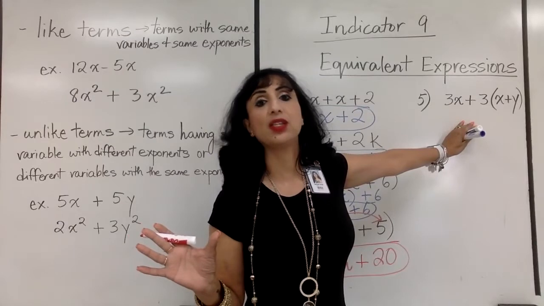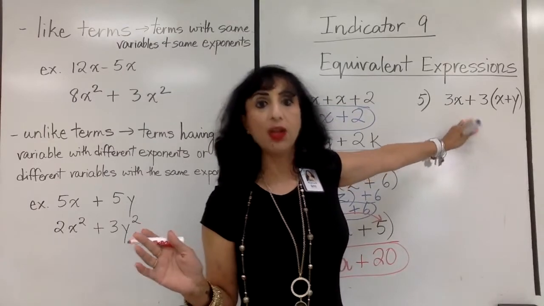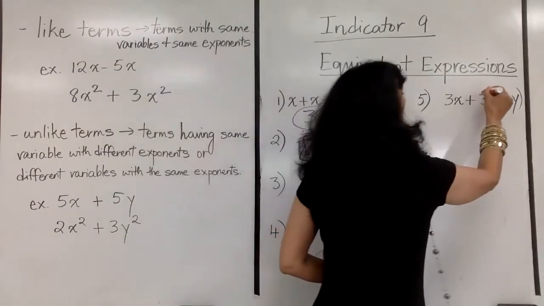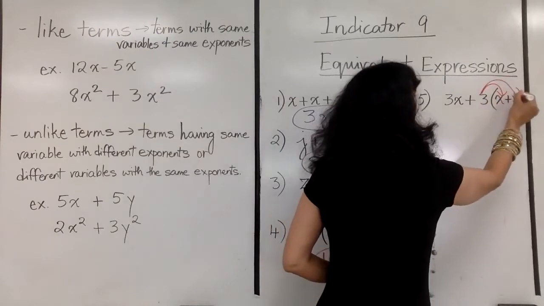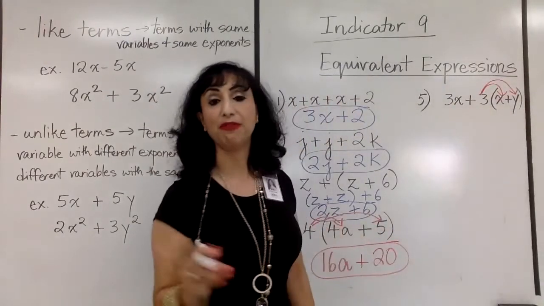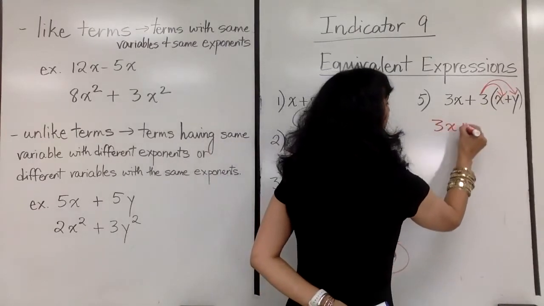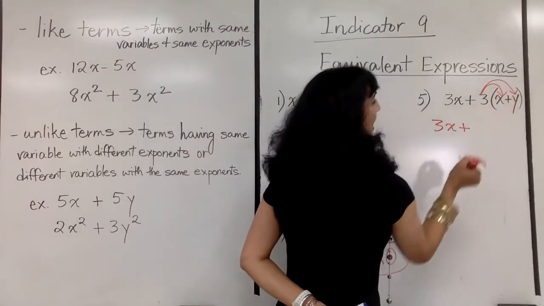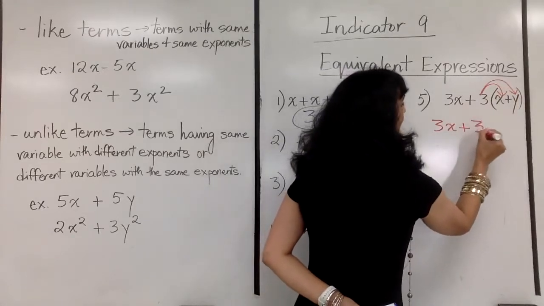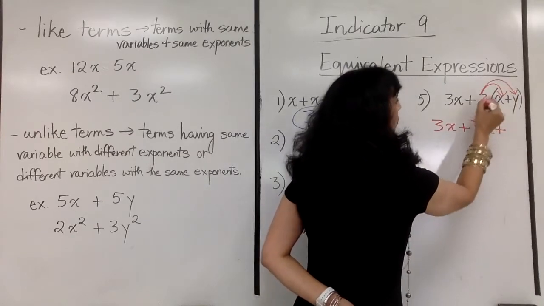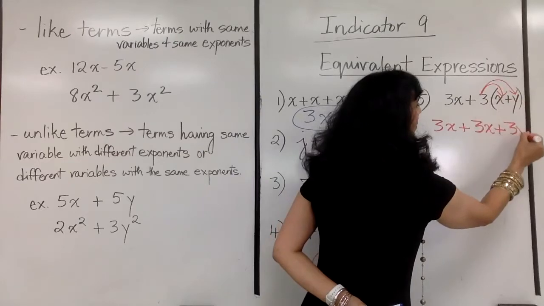We're going to do the distributive property first now, before we do the addition. So this is 3x plus 3 times x is 3x plus 3 times y is 3y.